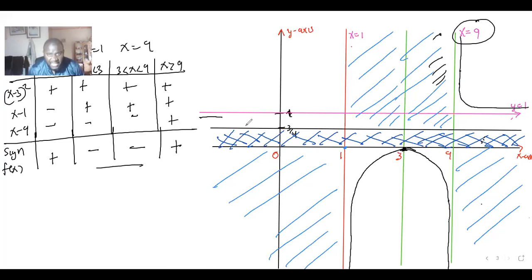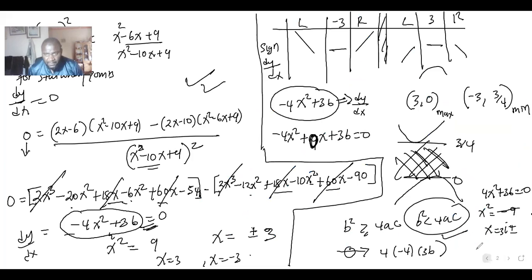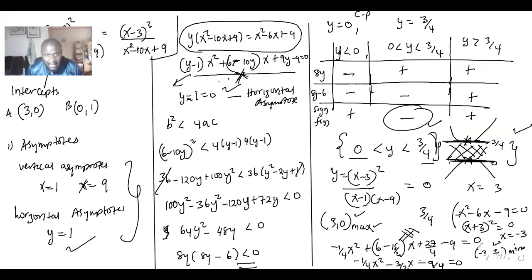Now, negative 3, I can assume it is here. So if it is here, 3 over 4 is where? There. So the curve comes and it turns minimally. When it turns minimally, does it have a y-intercept? Yes. What was its y-intercept? The y-intercept was, someone gave me 0, 1.